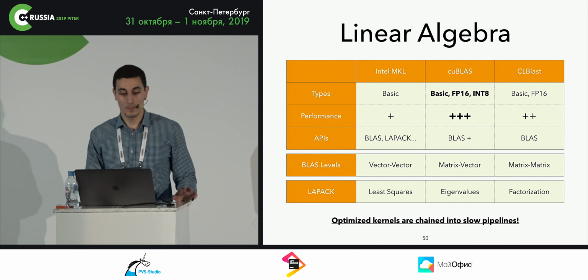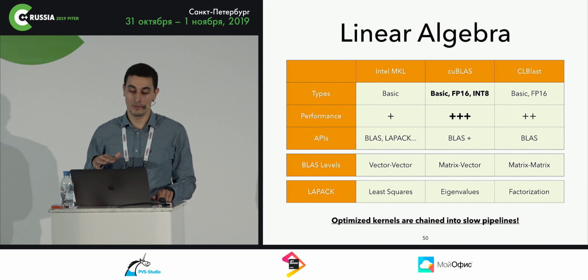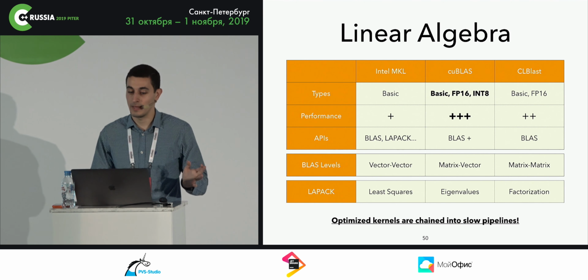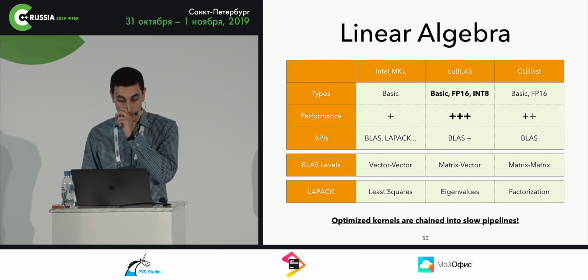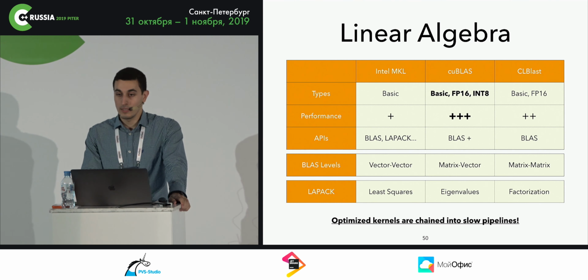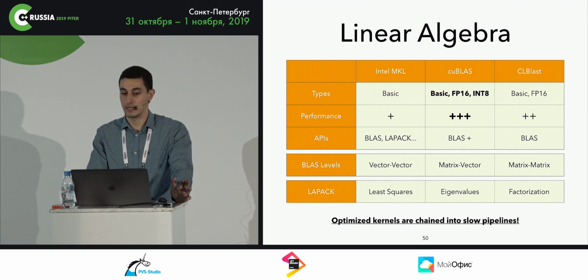So you probably already know that BLAS is a more low-level library that implements only the vector-to-vector or matrix-to-matrix operations. Generally, BLAS and LAPACK are not just libraries, they are APIs, and every vendor designs its own implementation for this specific API.